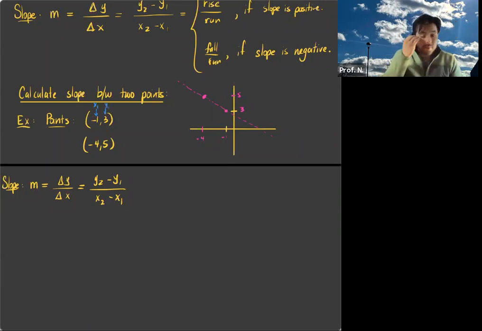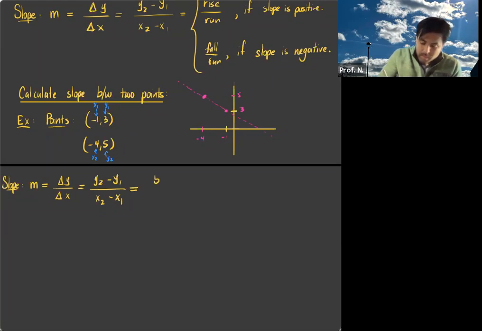So you have to pair up the subscripts. And if that's x1, then this has to be x2, and this has to be y2. If I swap them, the slope that I calculate will still be the same value. It doesn't change. I just have to be consistent: if I choose this to be x1, this has to be y1, and so on.